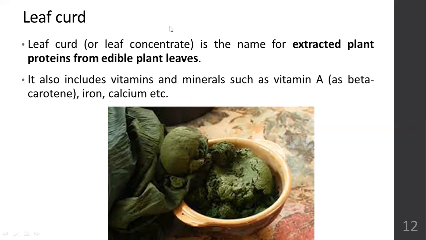And drumstick is known for what other minerals and vitamins apart from beta carotene? Drumstick leaves. Iron, yes, iron and a type of vitamin B. Not B12. You will not get vitamin B12 from plant-based sources.